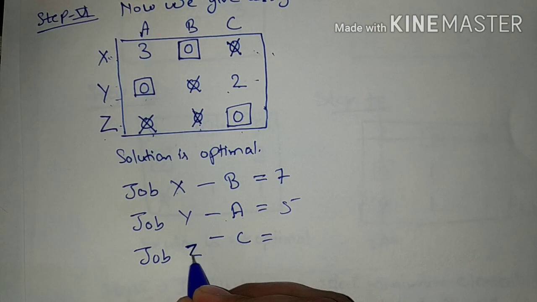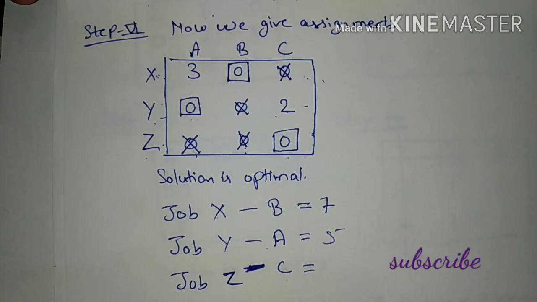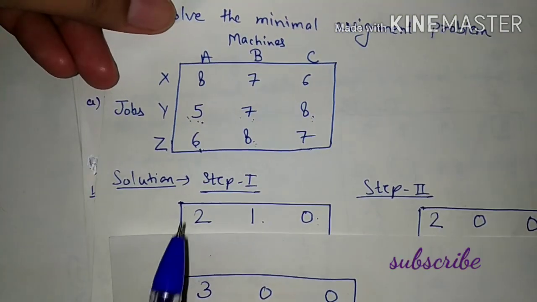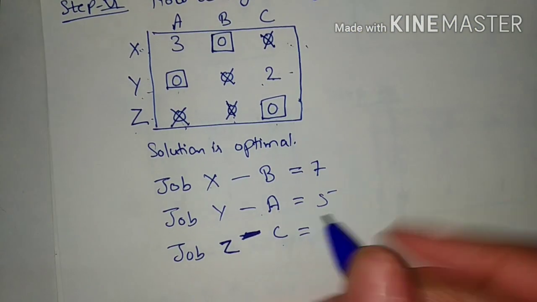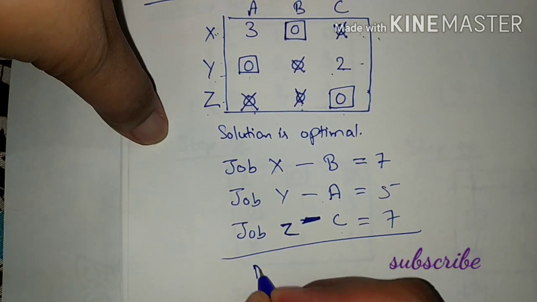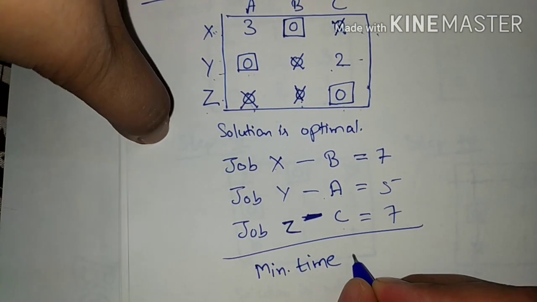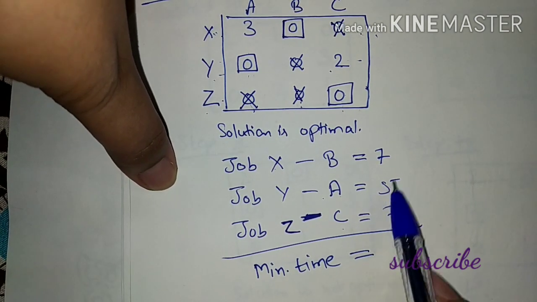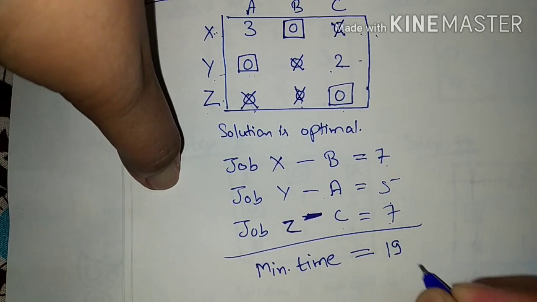Job Z for machine C, time in the given matrix is 7. Minimum time equals 7 plus 5, 12, plus 7, 19.